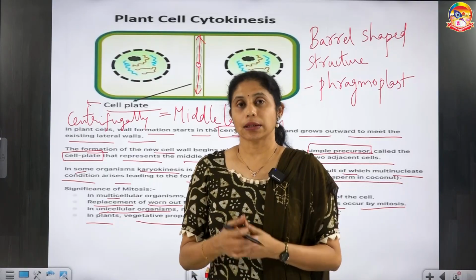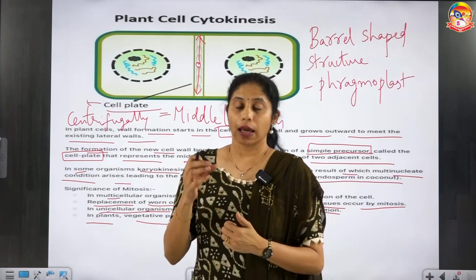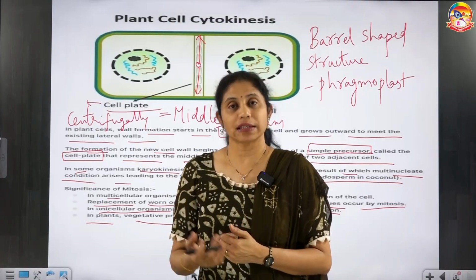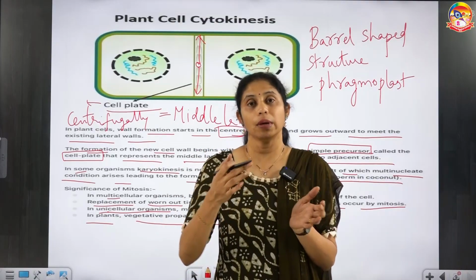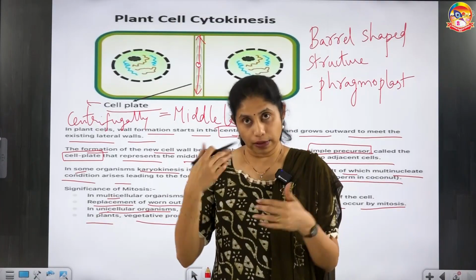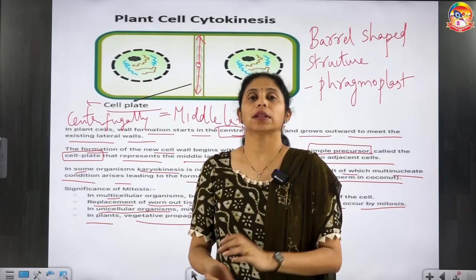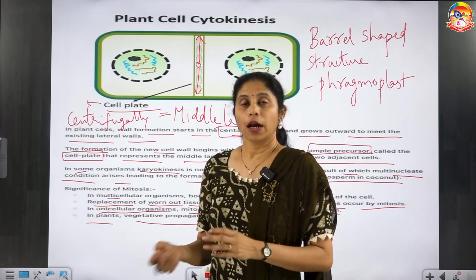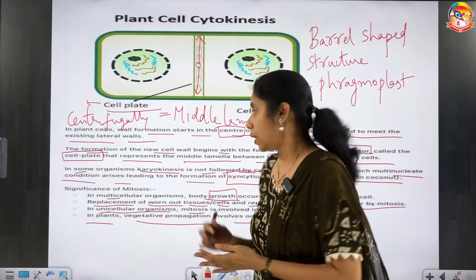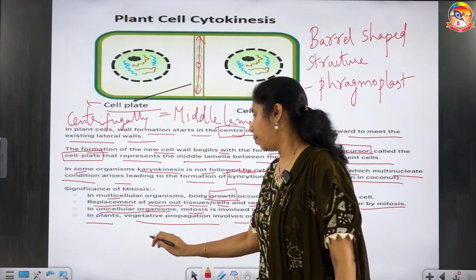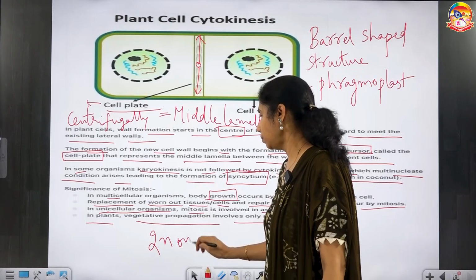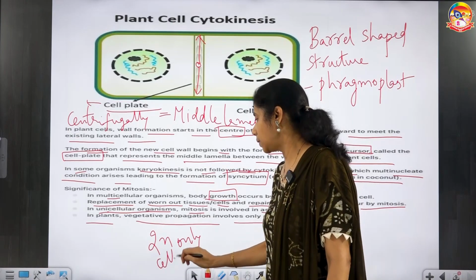And in plants, there is cambium activity. The cambium will be growing. Cambium is a meristematic tissue and it is able to divide, and that division is nothing but mitosis. You should remember that mitosis occurs always in diploid cells only.